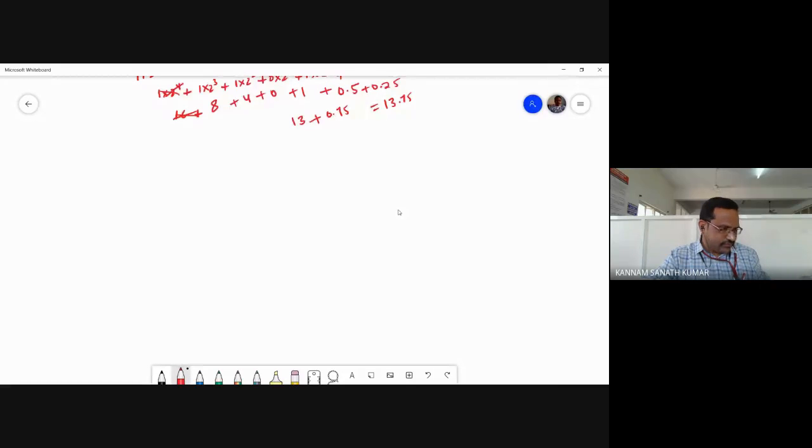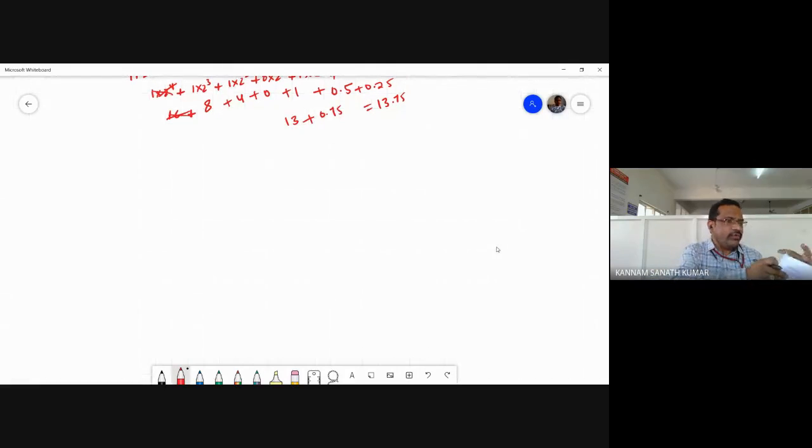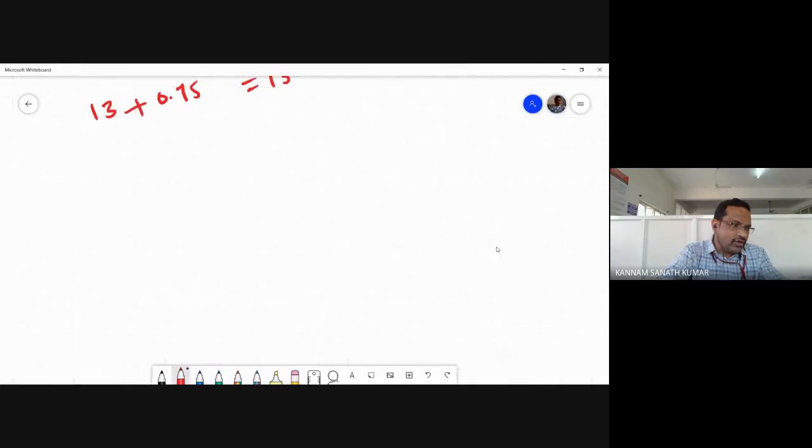Okay. So suppose he has given some hexadecimal value. Hexadecimal value you need to convert into octal. Suppose he has given some binary value; octal we have seen, binary to hexadecimal we have seen, and octal to binary, how we can convert.